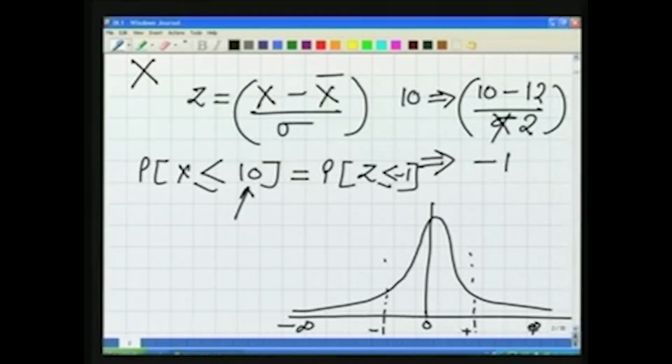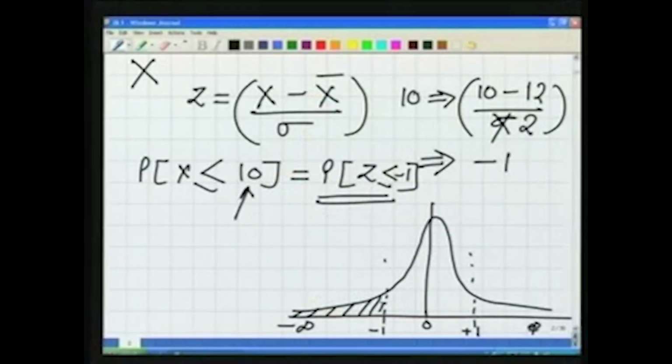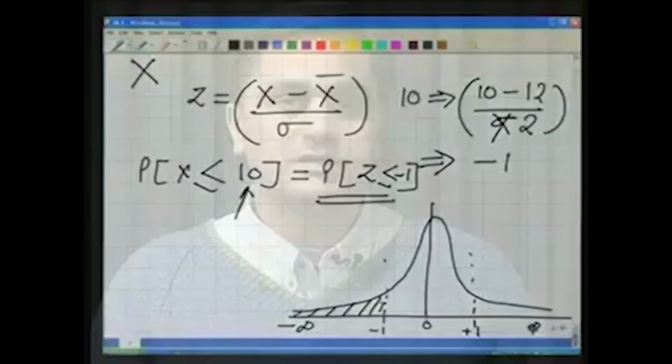So plus minus 1 is the standard deviation. This is what the standard normal curve is. What we are looking for is the probability that Z is less than or equal to minus 1. So you can see here that it is equal to the area shown by the shaded region.